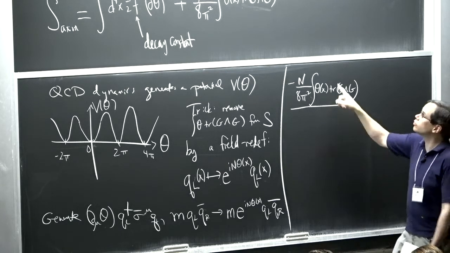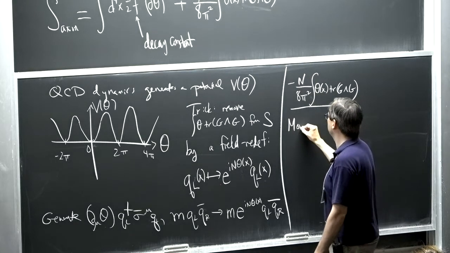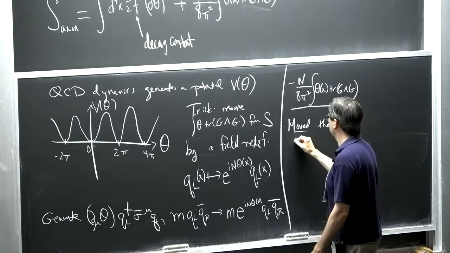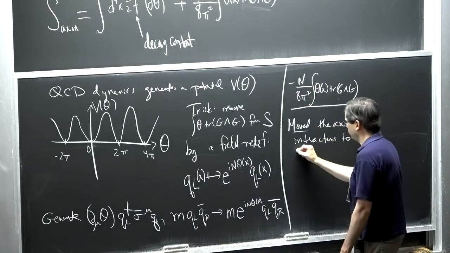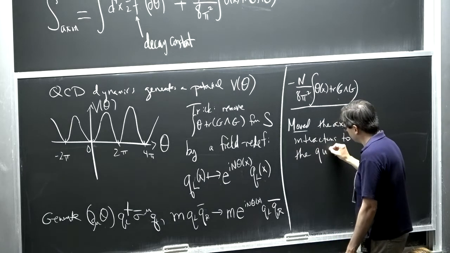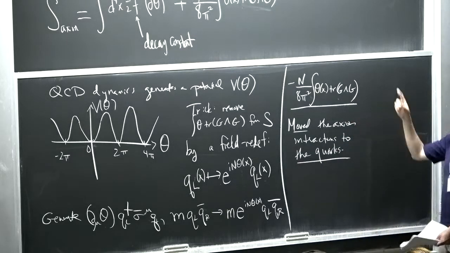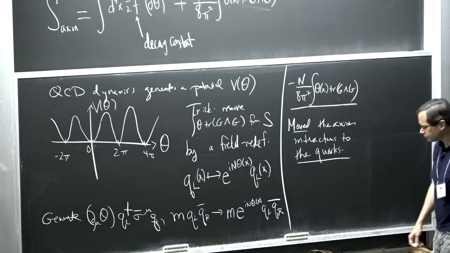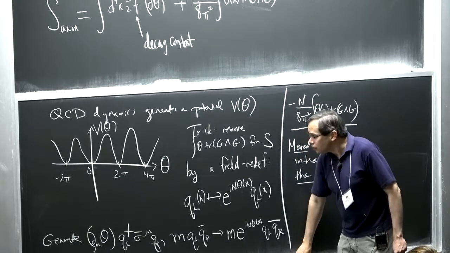And so that cancels that. And what we've done is we've moved the axion interactions to the quarks. So we started out with them coupled to gluons. We've done a field redefinition. Now they couple to quarks.